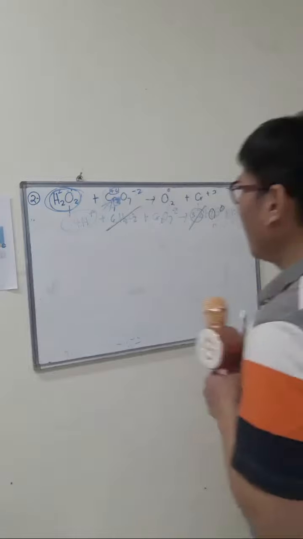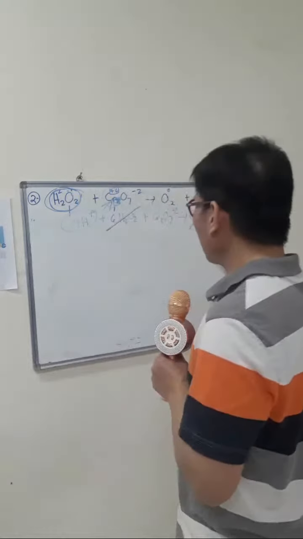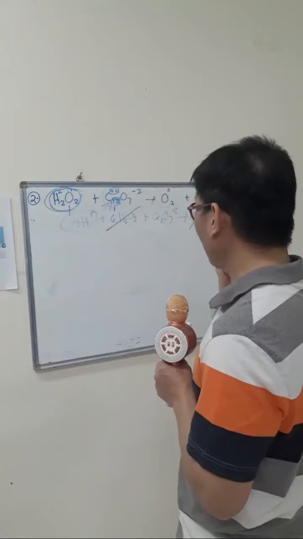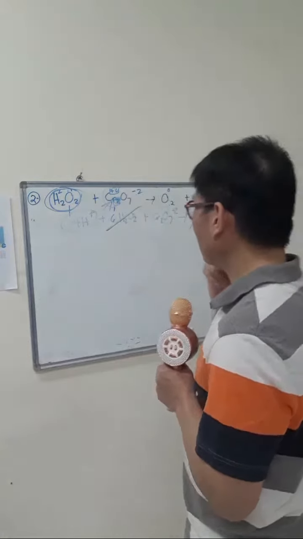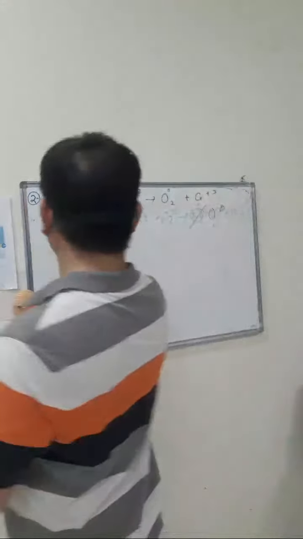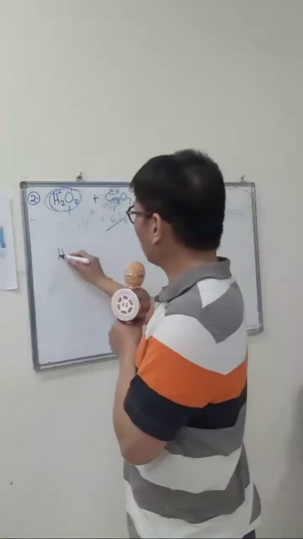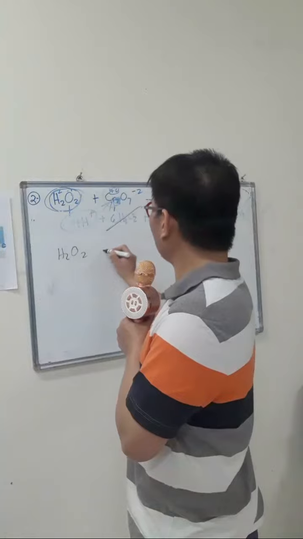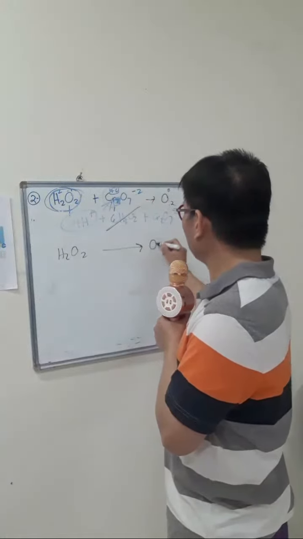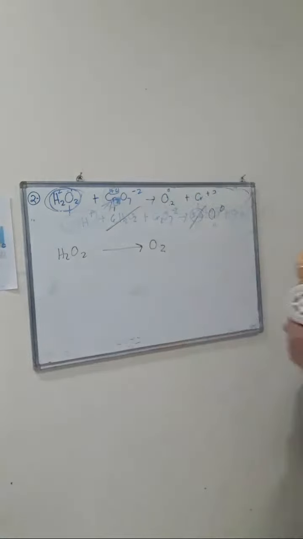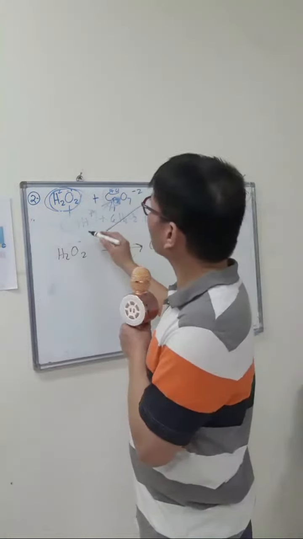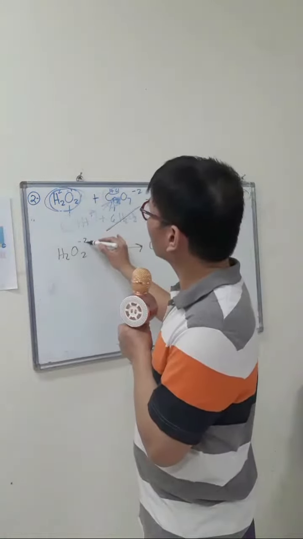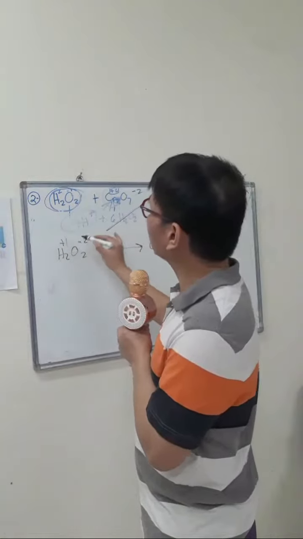Now, we go back to the oxidation, because it has to do something with the hydrogen peroxide, I think. Here, H2O2 goes to O2. This oxygen is negative 2, and hydrogen is positive 1.